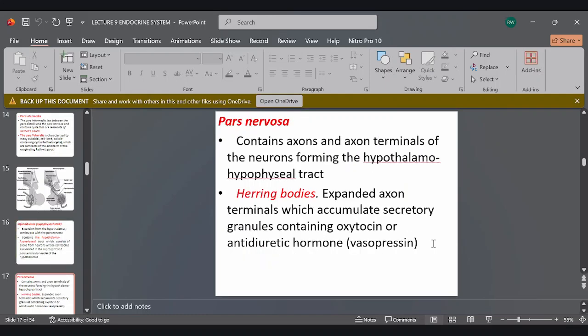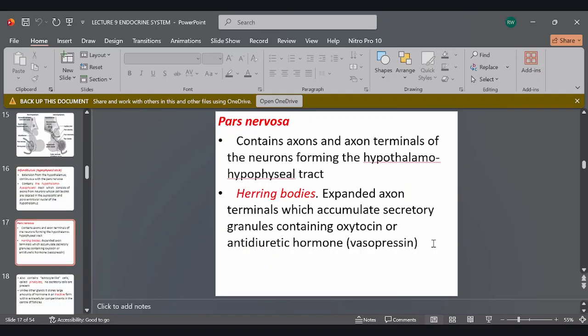Now the pars nervosa contains the axons and axon terminals of the neurons forming the hypothalamic tract. They have something that we call the Herring bodies.